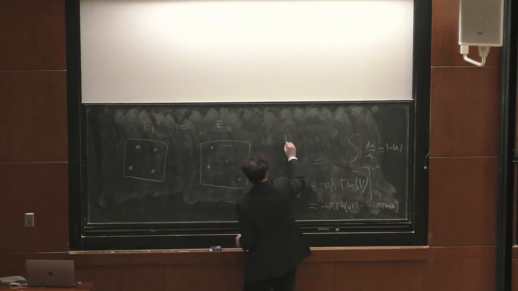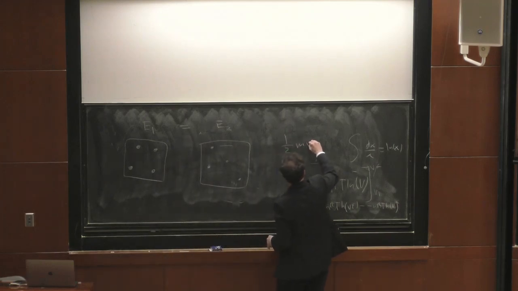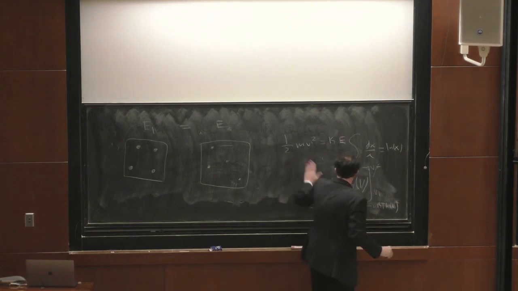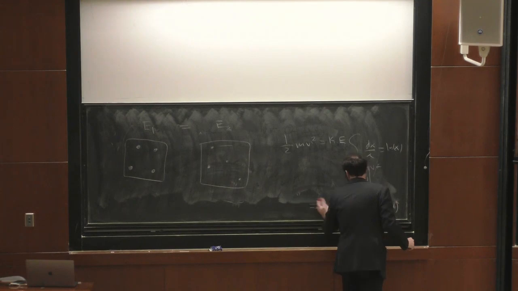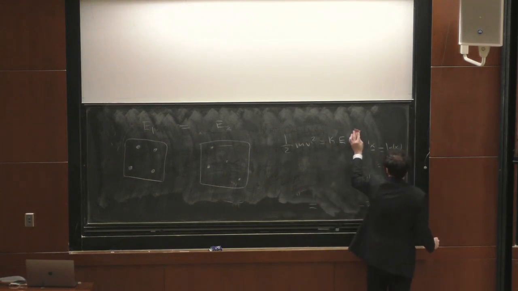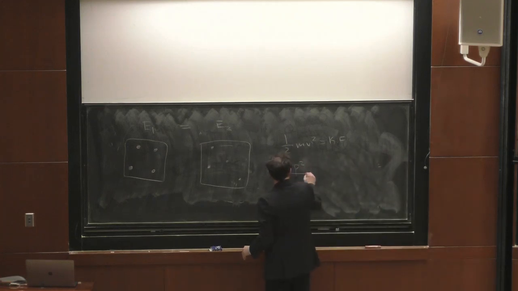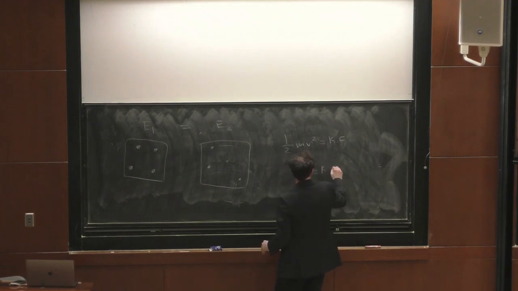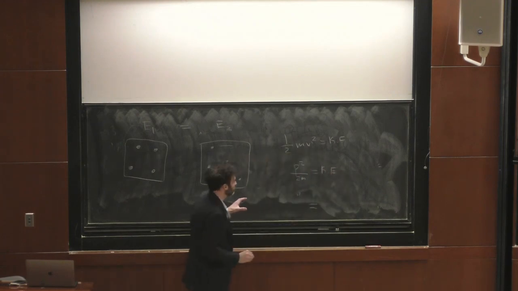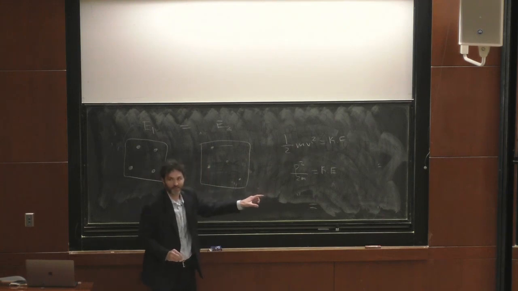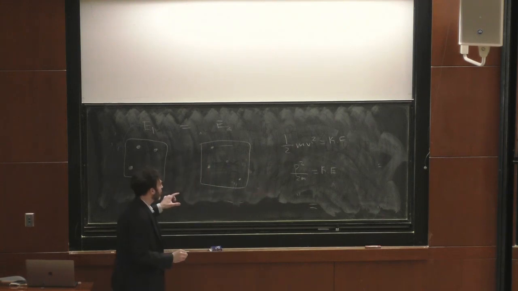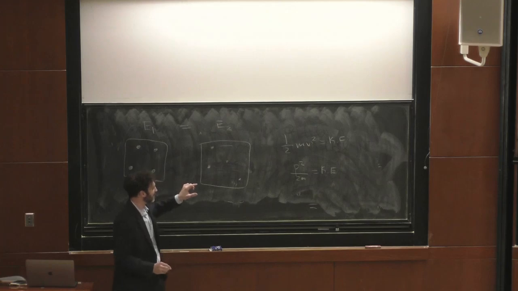And which one has higher entropy depends on this. So kinetic theory is 1/2 mv squared equals kinetic energy. And there's another way that you can write kinetic energy besides 1/2 mv squared. You can also write it as p squared over 2m. And that's a more useful way to see kinetic energy from the purposes of what we're doing here. Now, how do I get that?